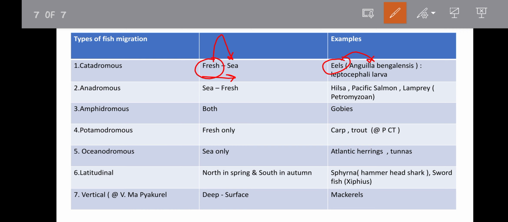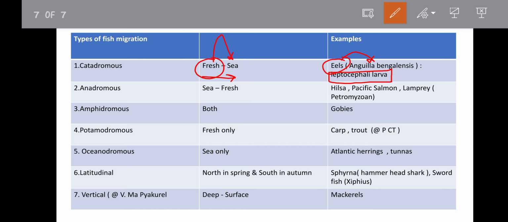And you can also remember this: leptocephalus larvae are seen in seawater and migrate to freshwater. But you can forget it also, it won't make any big issue.